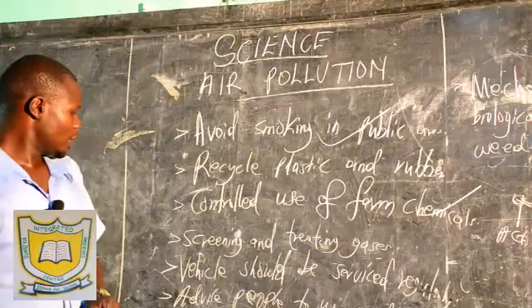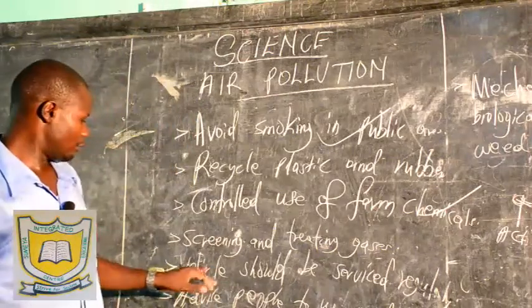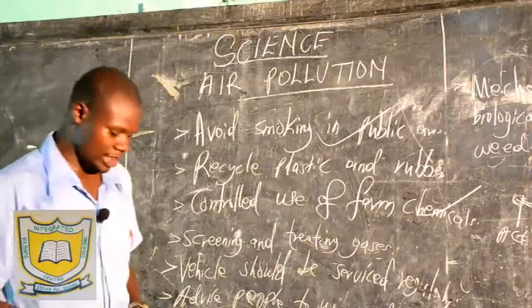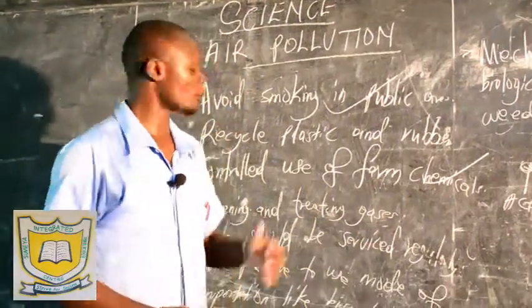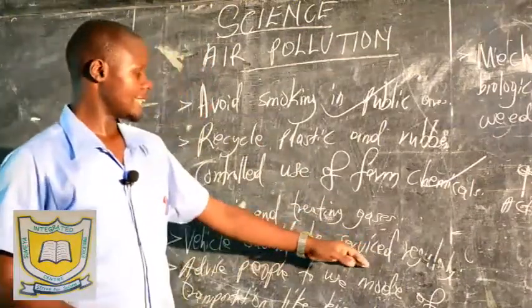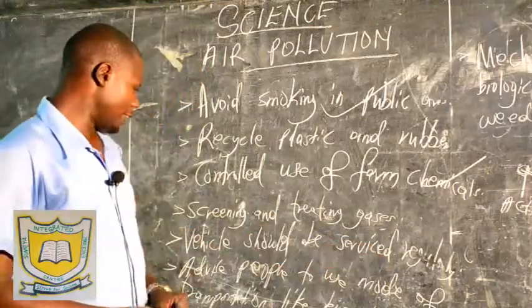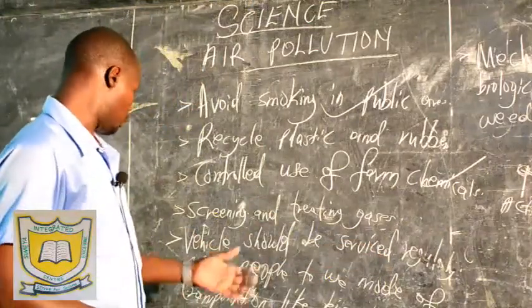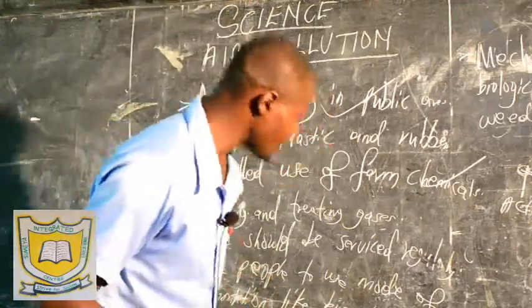Next we have screening and treating the gases before releasing them. Next, vehicles should be serviced regularly to make sure that they are not releasing a lot of smoke and also dangerous elements such as lead. We also advise people to use a mode of transport like bicycles that does not emit gases to the environment.